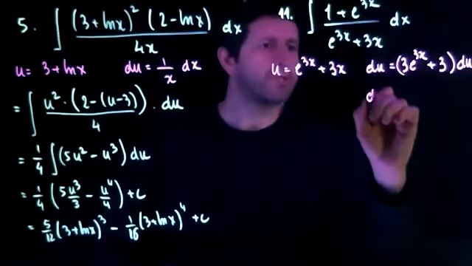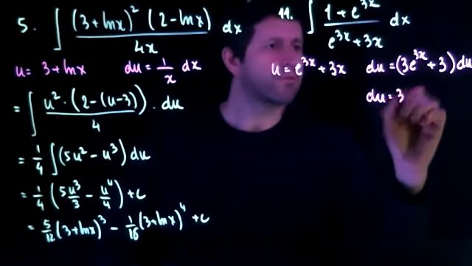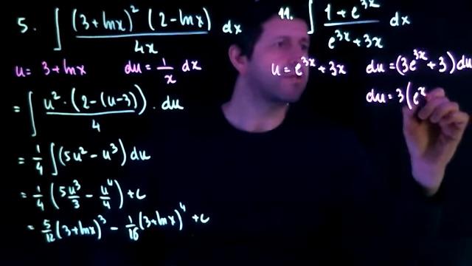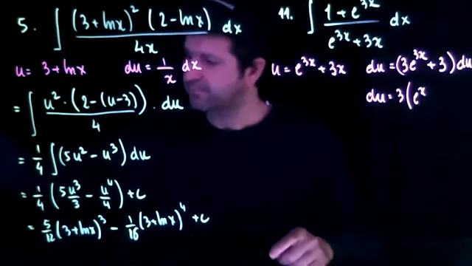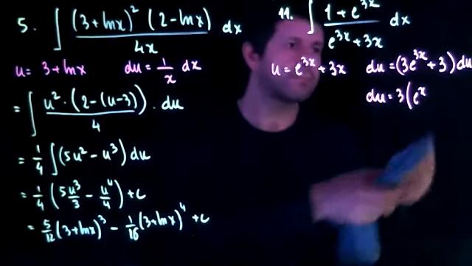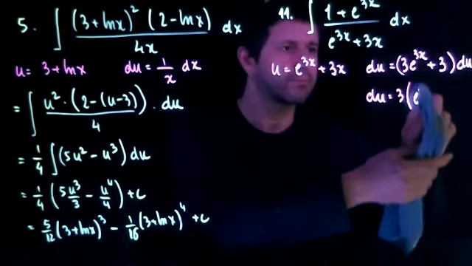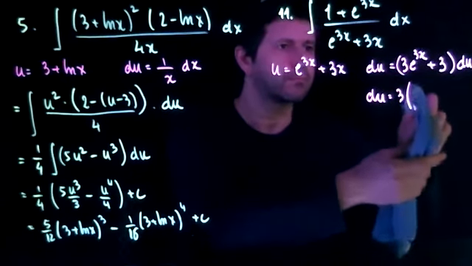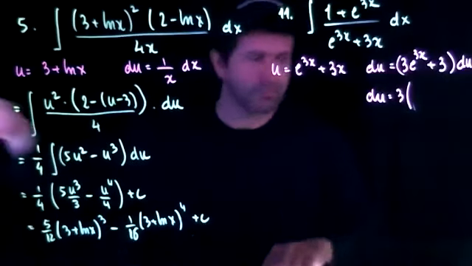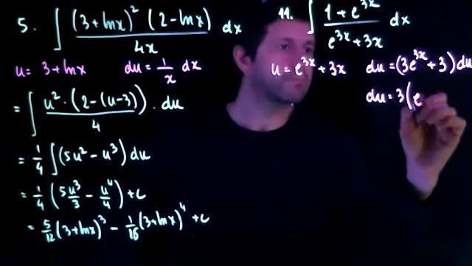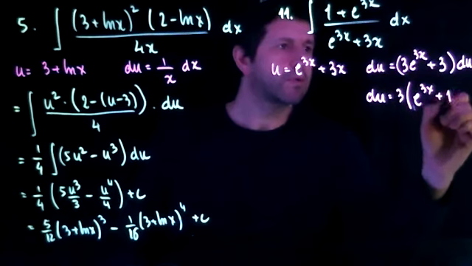And so du is 3 times e to the 3x plus 1.